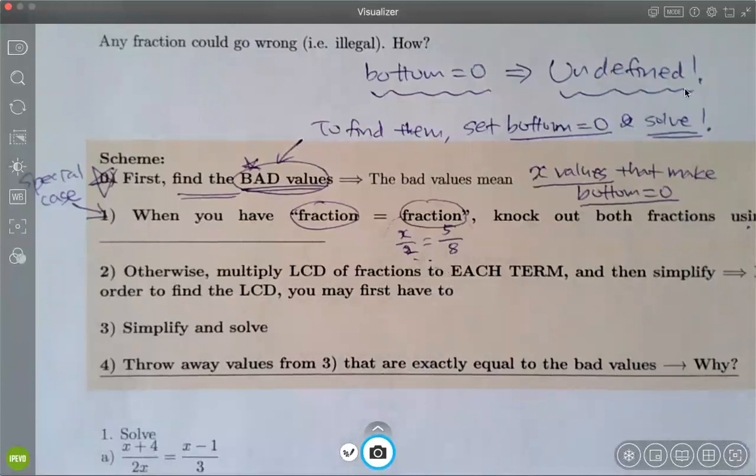Multiply by 8. Again, there's no common denominator here. I mean, you can use it, yes, but you don't have to. There's a lot better way. Multiply in some kind of ways. Cross multiply. Cross multiply, yes.